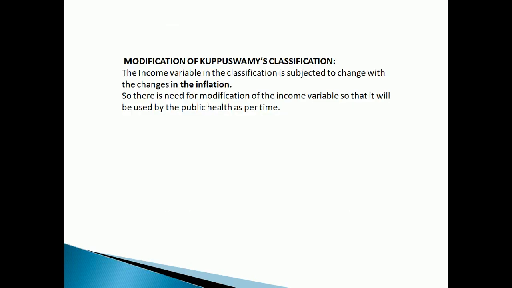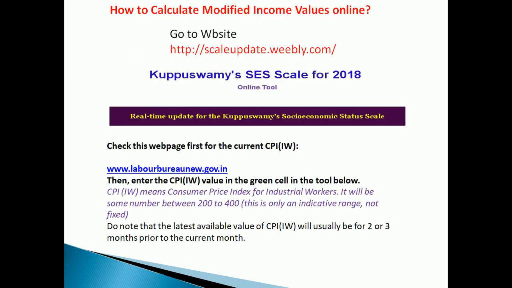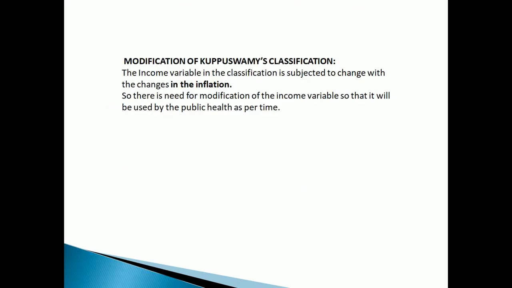So, coming to the modification of Kuppuswamy's classification. The income variable in the classification is subject to change with changes in inflation. That's why it is called the modified Kuppuswamy scale. Sometimes the examiner asks questions, like why is it called the modified Kuppuswamy scale?